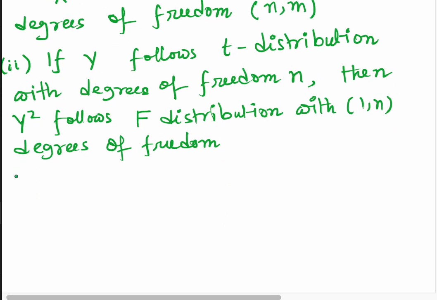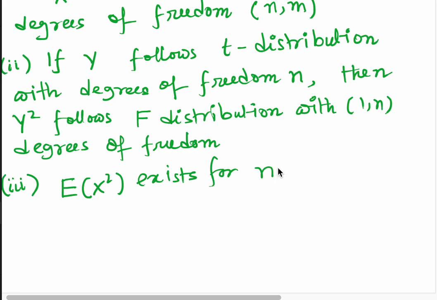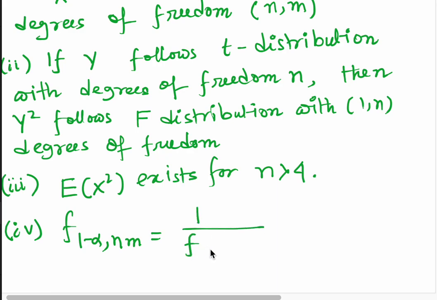Third is expectation of x square exists for n greater than 4, and fourth is F of 1 minus alpha n, m equal to 1 by F alpha m, n.